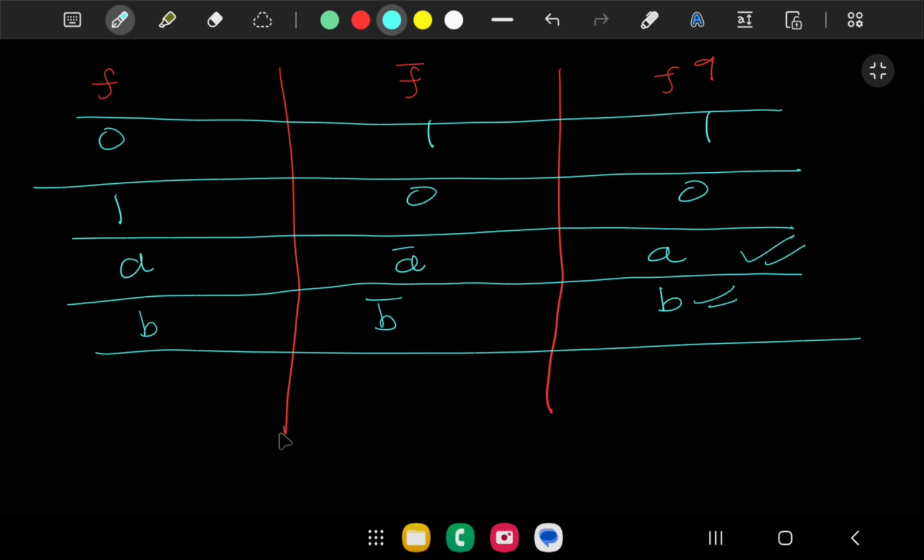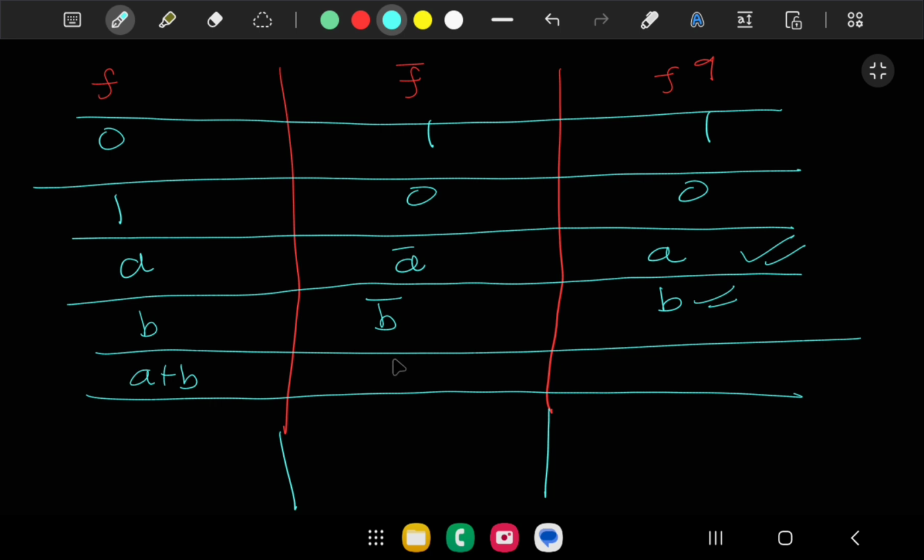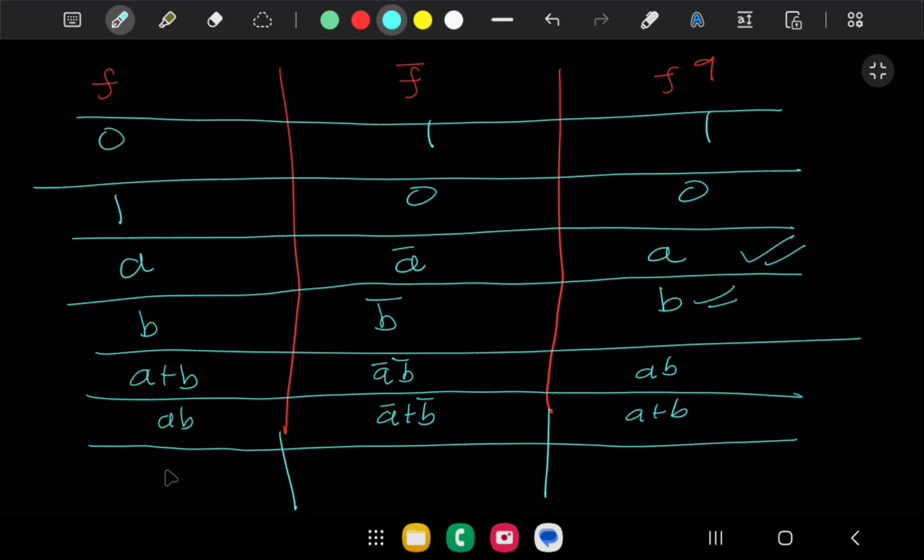Now again, further, if the function is a plus b, then what will be the f complement? A bar, b bar. F dual, that will be ab. If your function is ab, f complement will be a bar plus b bar, f dual will be a plus b. Function is a plus 0. A bar into 0 bar, A into 1.